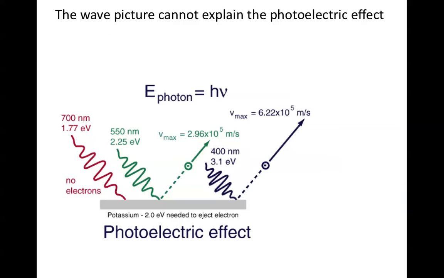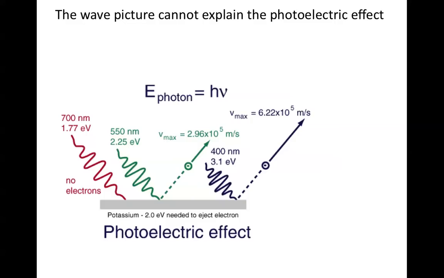But the wave picture cannot explain another very commonly observed effect called the photoelectric effect. What that effect is: if I take a piece of metal and shine light on it, if that light has a long wavelength, or a low frequency, the photons have a low energy, and no matter how many photons or how bright the light gets, nothing happens.